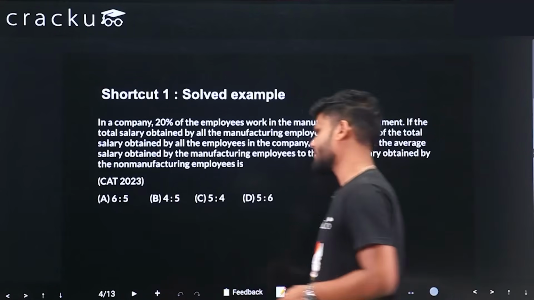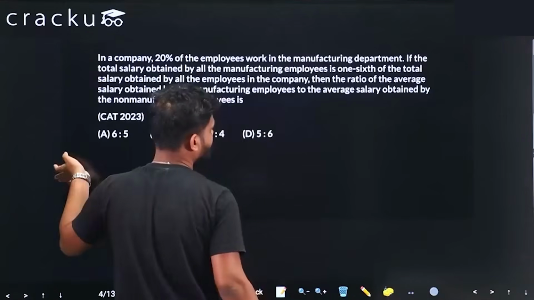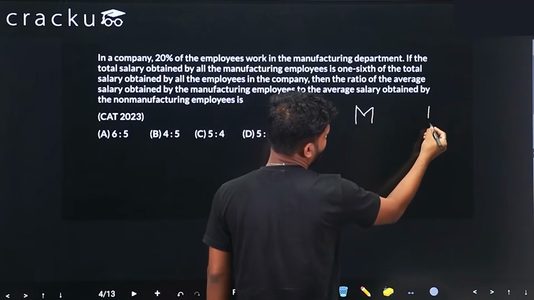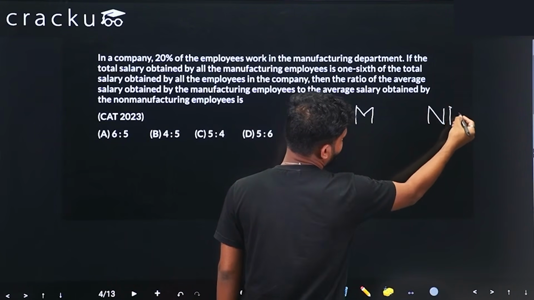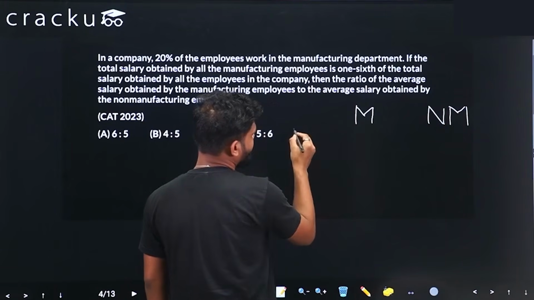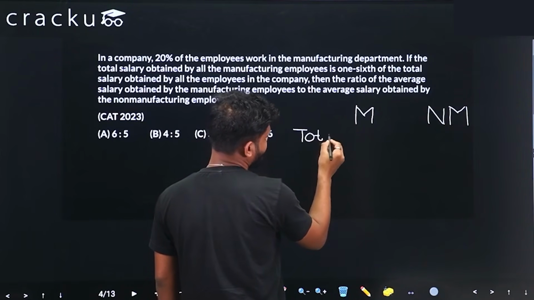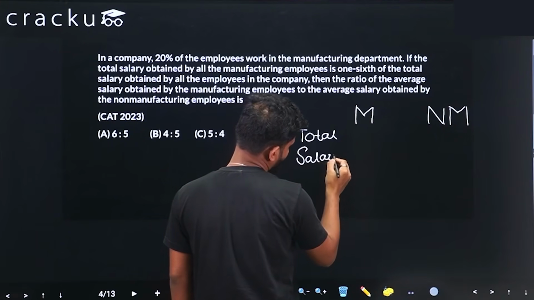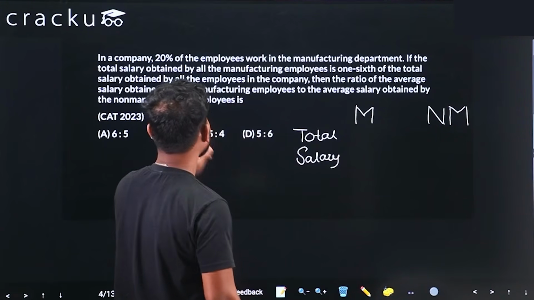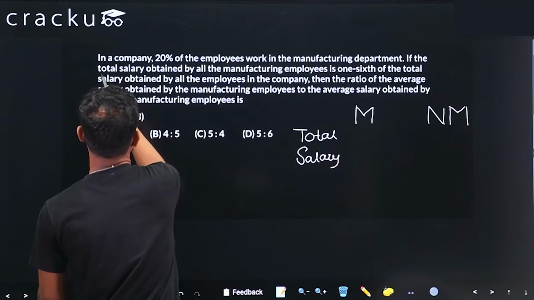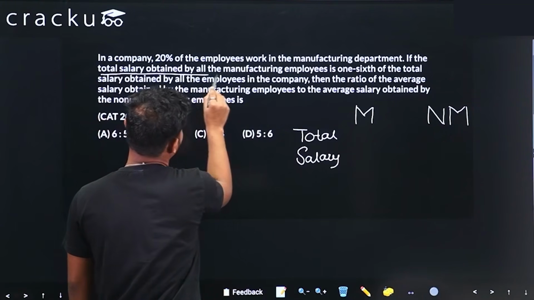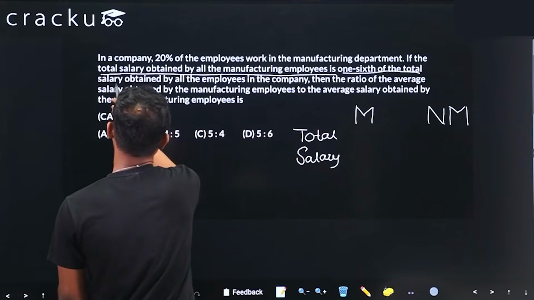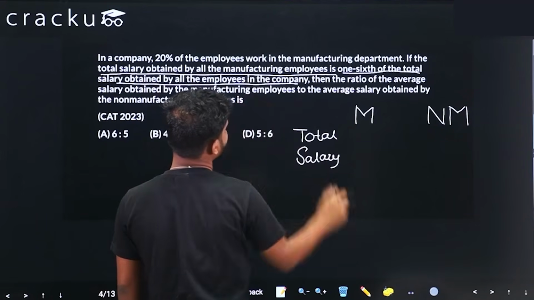Let us see. Here we have manufacturing employees and non-manufacturing employees. What is the ratio of total salaries? It is given that total salary obtained by all the manufacturing employees is 1/6 of the total salary obtained by all the employees in the company.